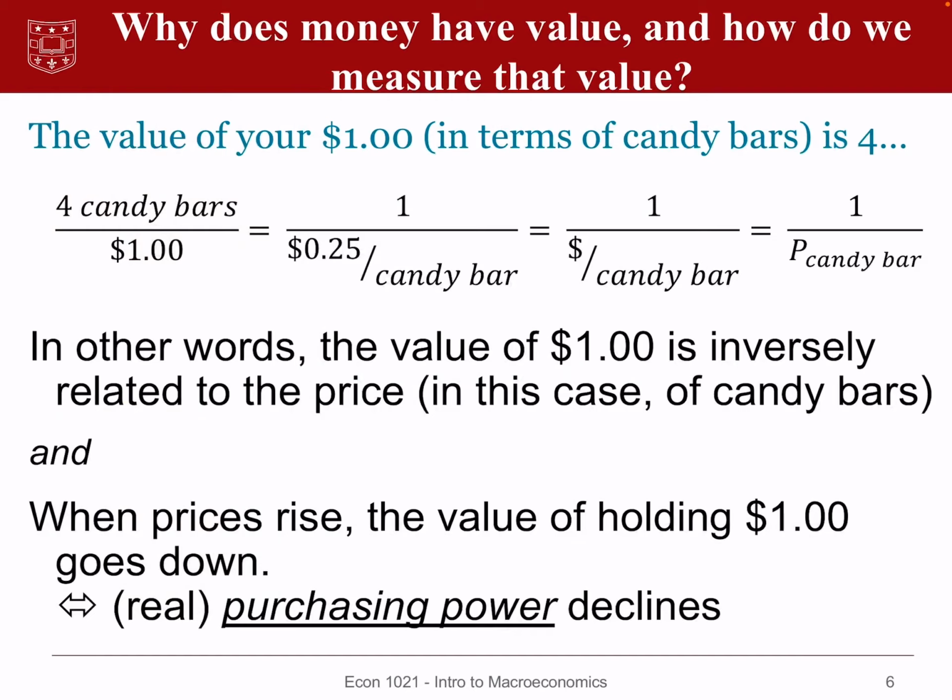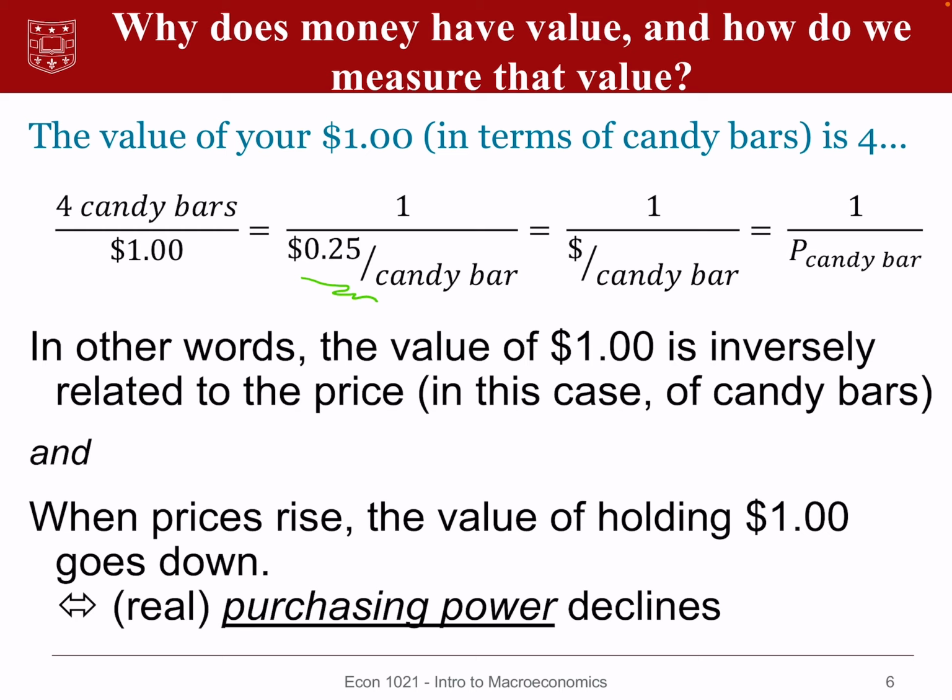In terms of thinking about this from the perspective of the equation that allows us to think about this in a macroeconomic context, we can note, by way of summarizing what we had before, that the value of your $1 when the price is 25 cents a candy bar is 4.